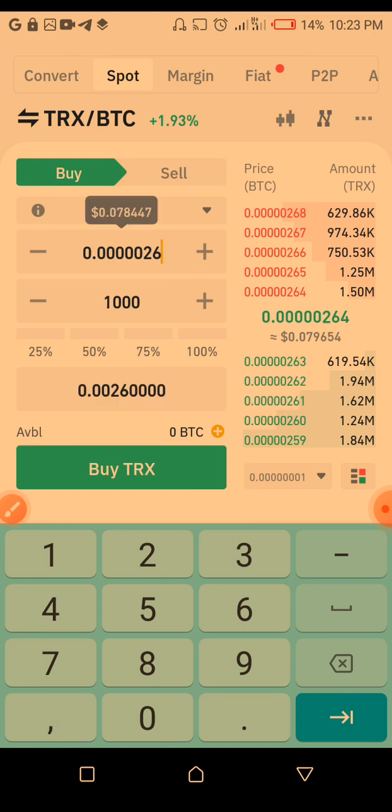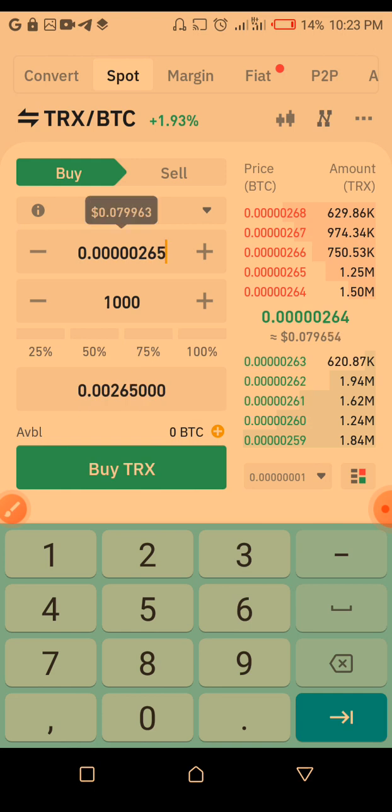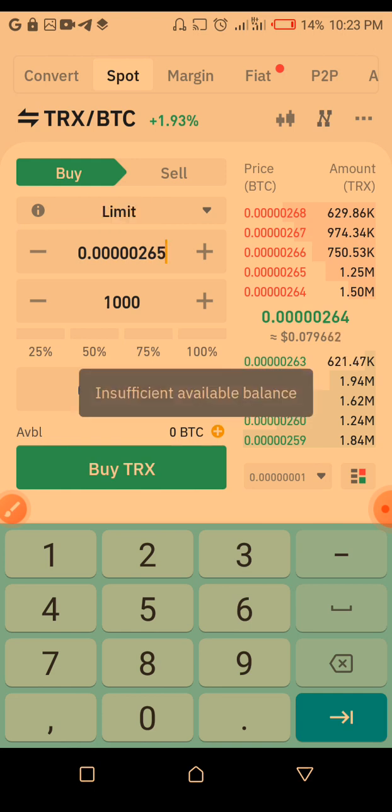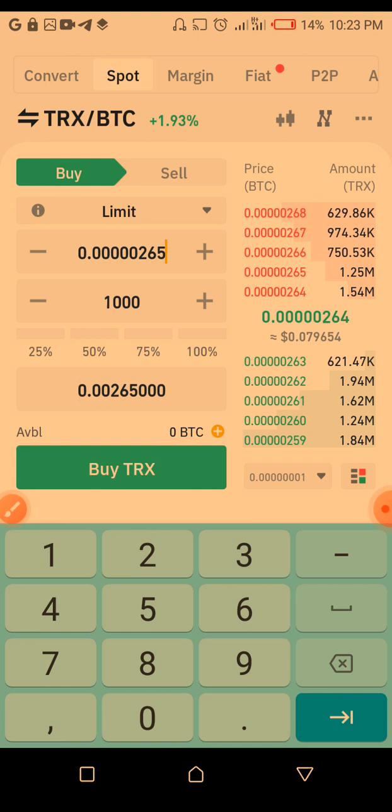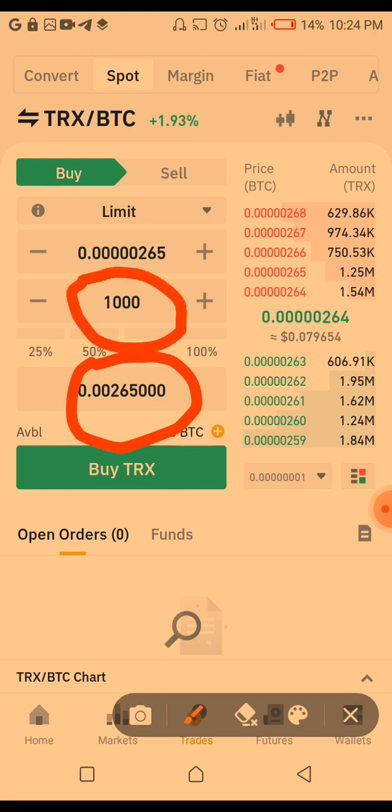You can say, when price reaches 0.0265, I want to buy 1000 TRS. So you can see the amount of BTC you are going to spend to buy 1000 TRS at this particular price.